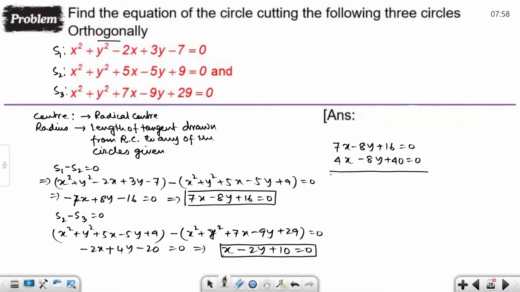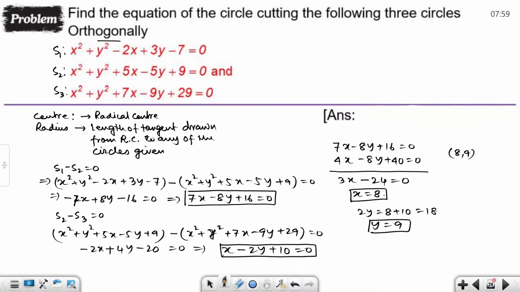So now if I subtract, we are going to have 3x minus 24. So x is coming to 8. When x is 8, we are getting 2y equals to 8 plus 10, that's 18. Y is coming to 9. Therefore, the radical center or the center of the required circle is at 8, 9, right?